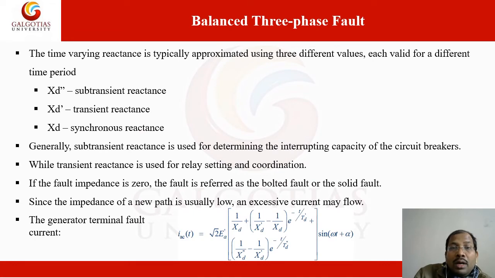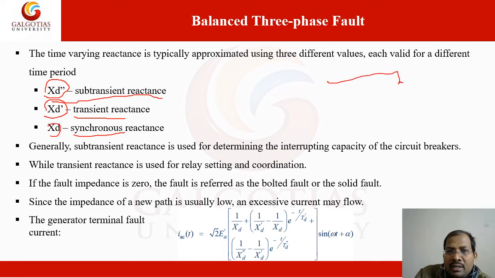Now we are going to analyze the three-phase faults, that is the balanced faults. In three-phase faults, there are three reactances acting on the generator. We are assuming the fault occurs at the terminal of the generator. One is the subtransient reactance, represented by Xd double dash, the transient reactance, Xd dash, and the synchronous reactance Xd. You know that these three reactances are connected in parallel when any fault occurs at the terminal of the generator.